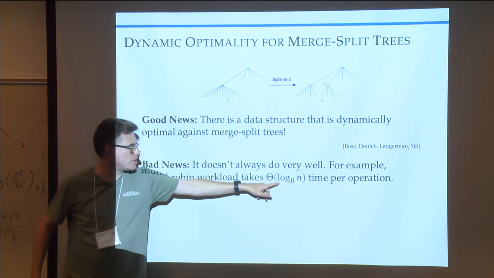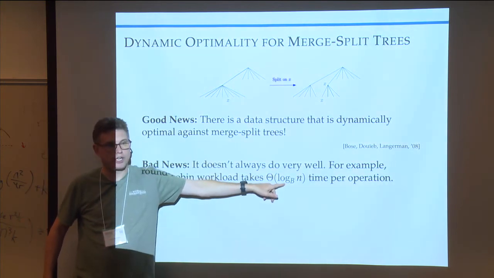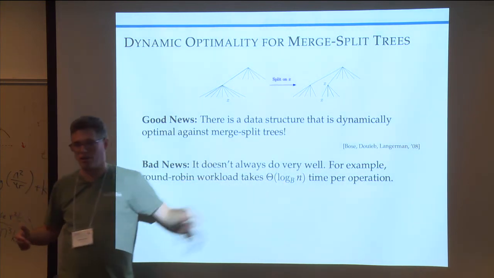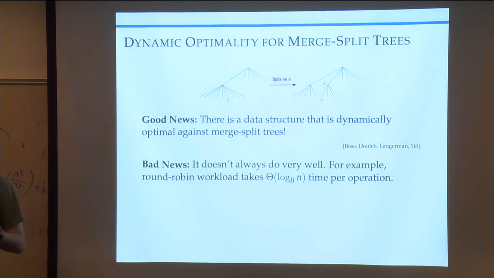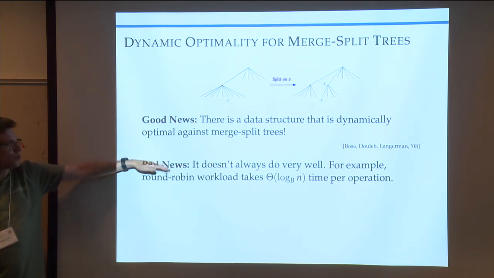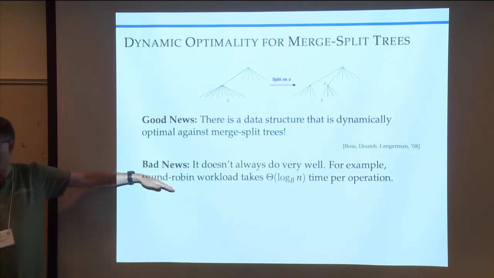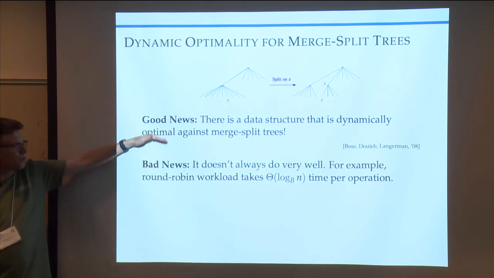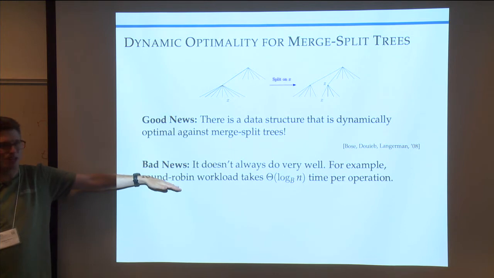Well, this workload actually just takes log base b of n time per operation. It's no better than a non-dynamically optimal tree, because no data structure in this class can do well for these round-robin workloads. The point is, this is actually not that powerful a class of data structures.